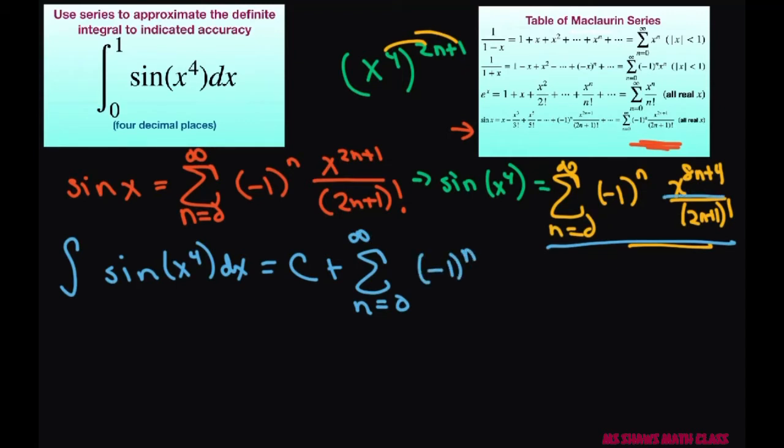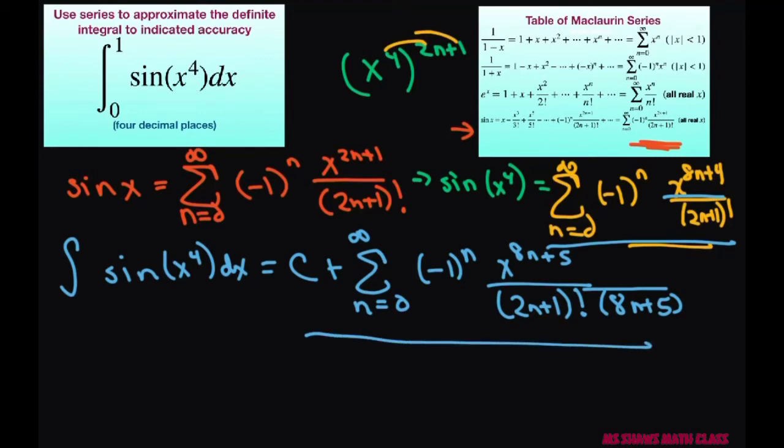For this piece here, we integrate the x, so you have x to the power of 8n plus 5 divided by 2n plus 1 factorial times our exponent here, 8n plus 5. All right, so that's what that is.